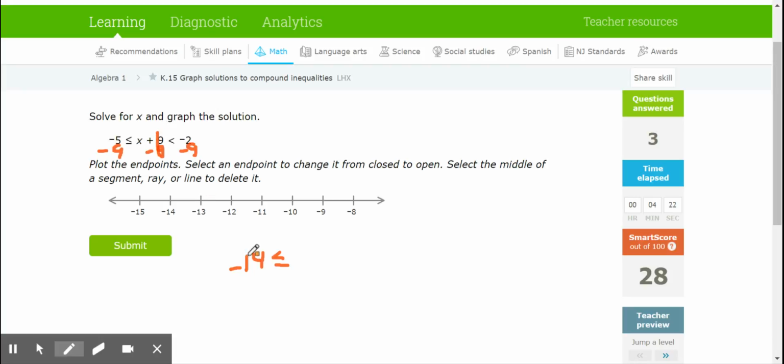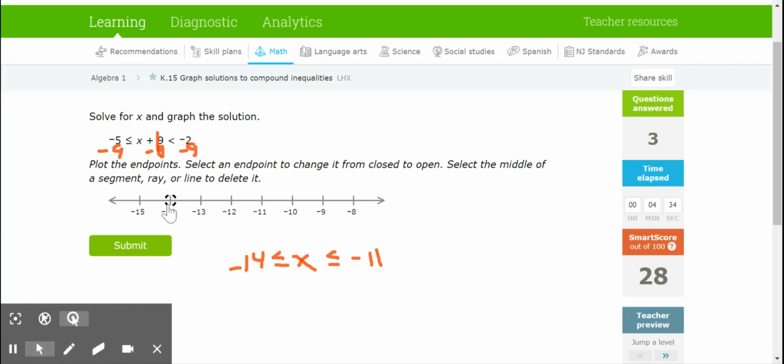The 9's cancel, and I'm just left with x in the middle. And then negative 2 minus 9 is going to be negative 11. So x can be anything from negative 14 to negative 11, including negative 14, but not including negative 11.